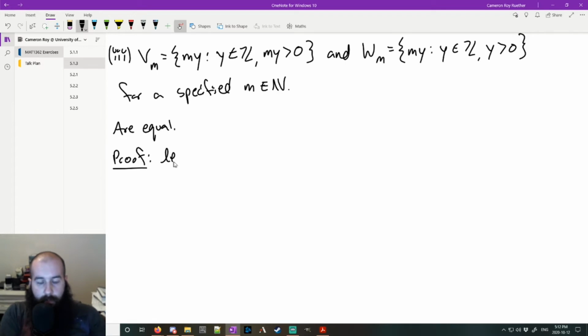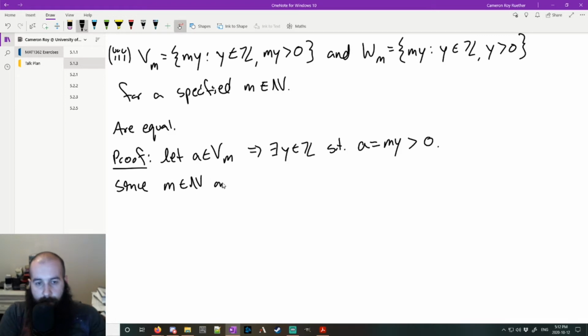So let A be an element of Vm. This means that there exists a y, which is an integer, such that A is equal to my, and this is greater than 0. Now, since m is natural and my is natural, because it's greater than 0, this implies that y is natural, which means that y is greater than 0.